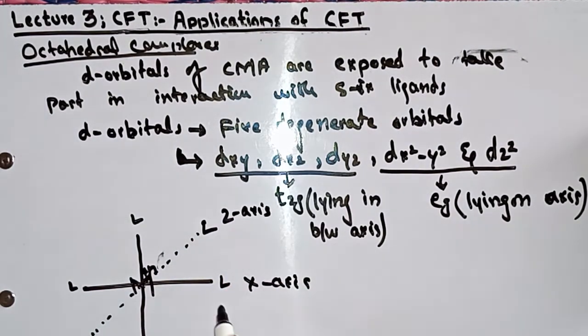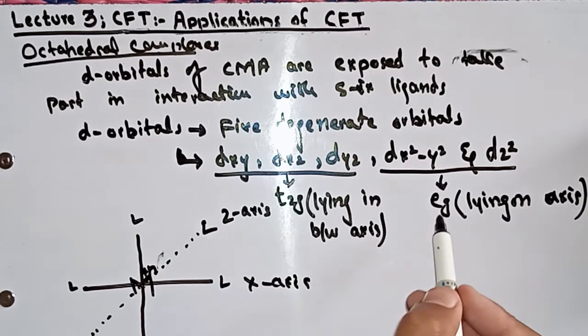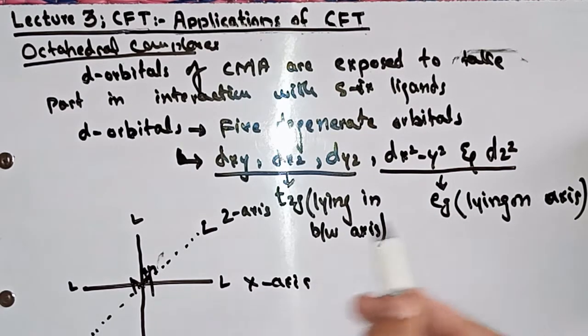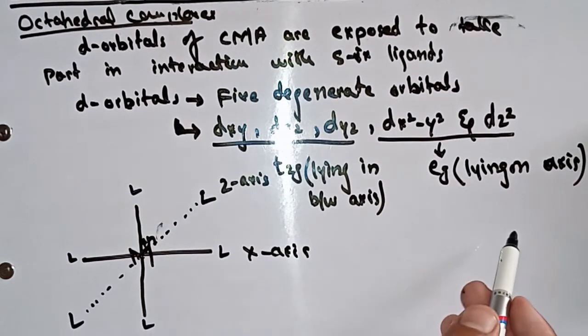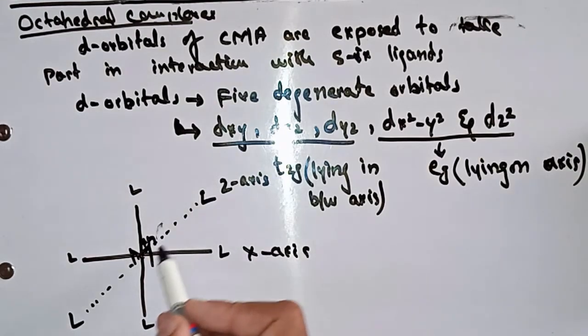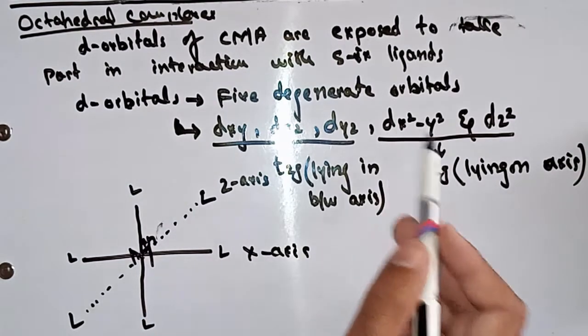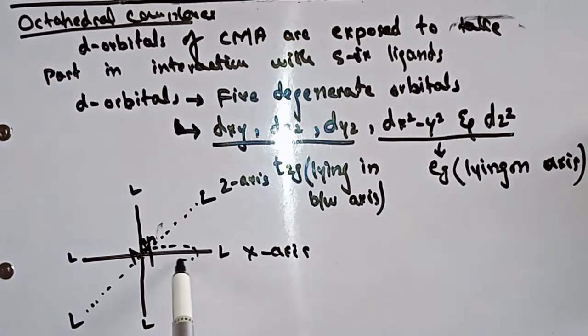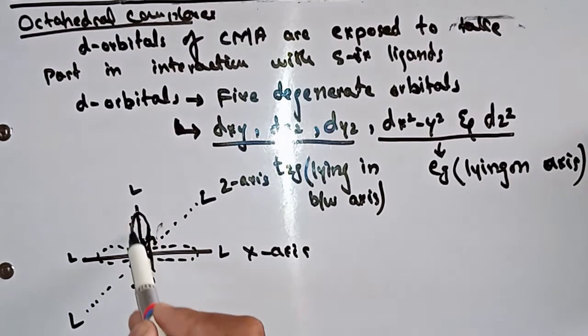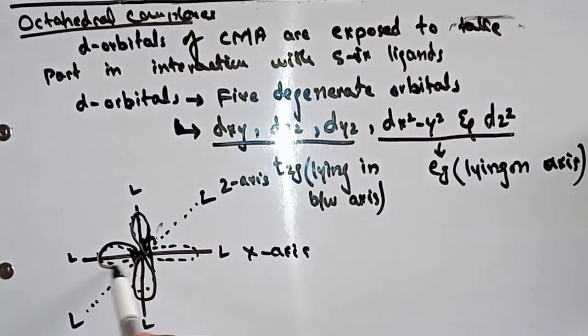So one ligand approaches from here and one from here, along the z-axis. I already told you that the eg orbitals lie on the axes. The dx square minus y square orbital has one lobe, one dumbbell, and another lobe making another dumbbell, a double dumbbell shape.